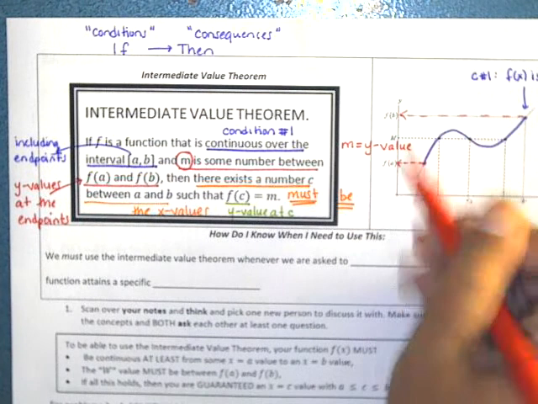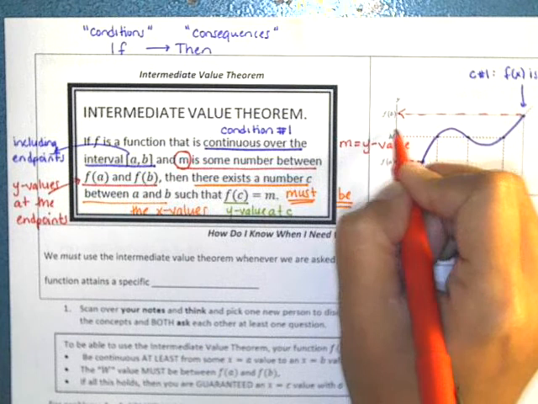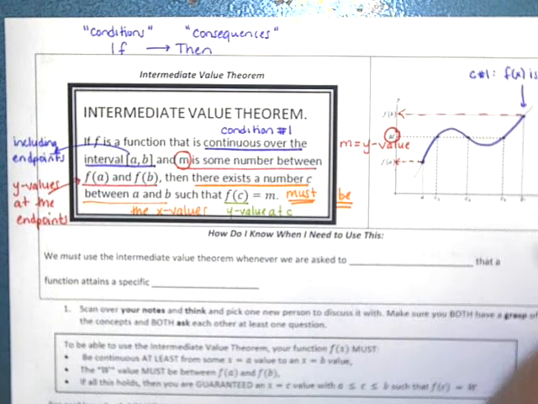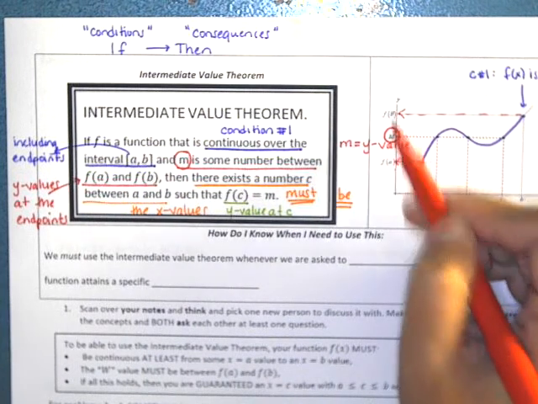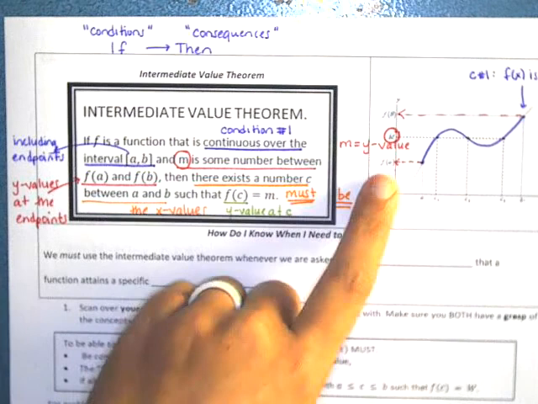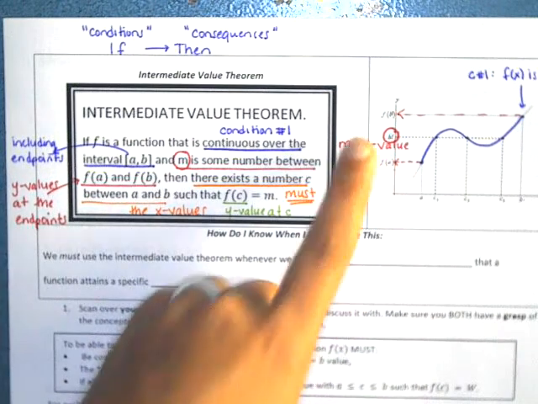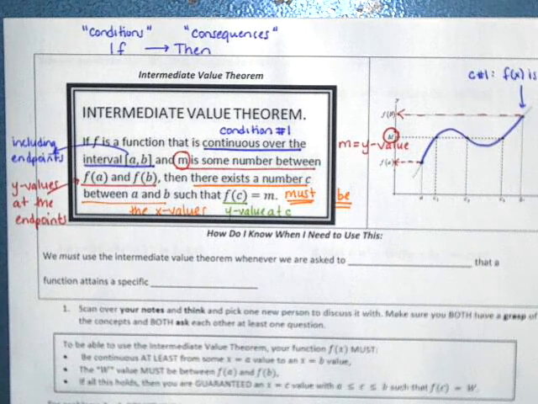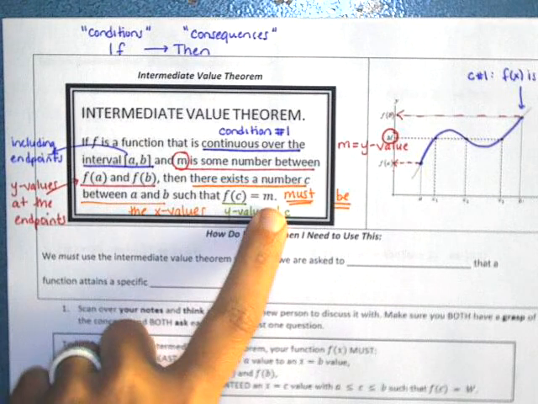Let's say this was like 2 and this was like 7. m, which is the number that we want, is in between those two y values. So if this was 2 and this was 7, m could be any number in between there. Then there must be a place somewhere on the graph so that the graph crosses through that y value.